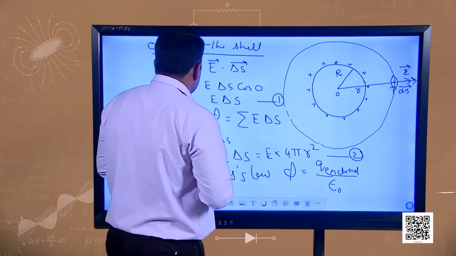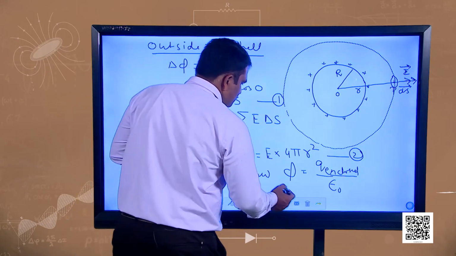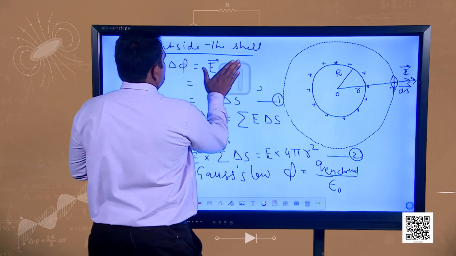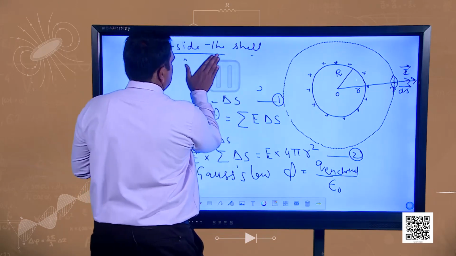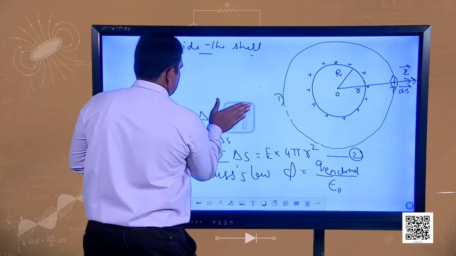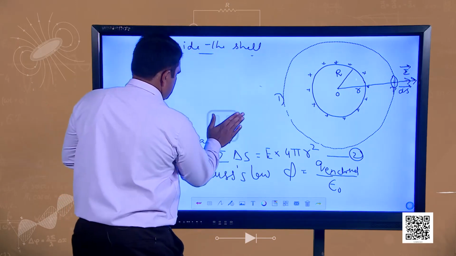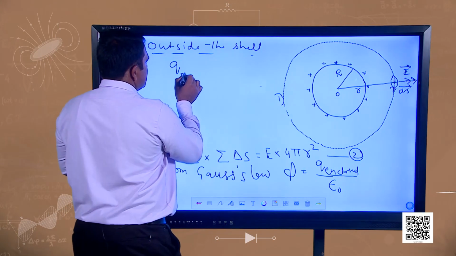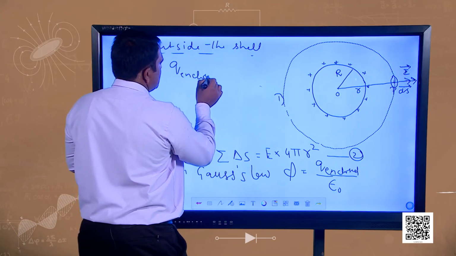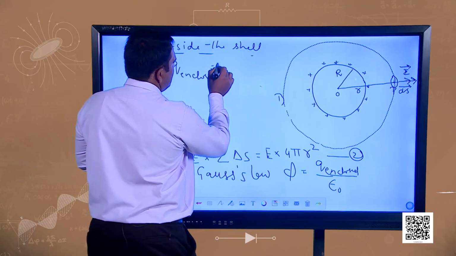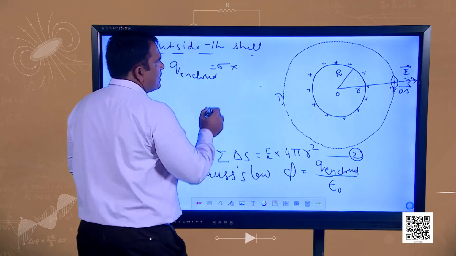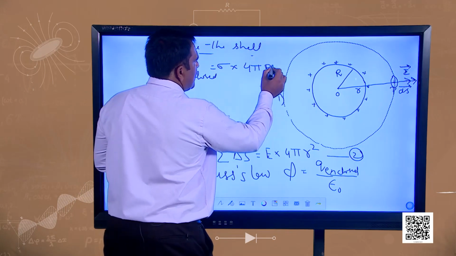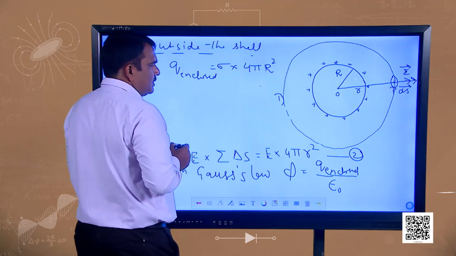So now we can write the amount of charge enclosed is sigma multiplied by the area of the sphere of radius capital R, 4 pi R square.